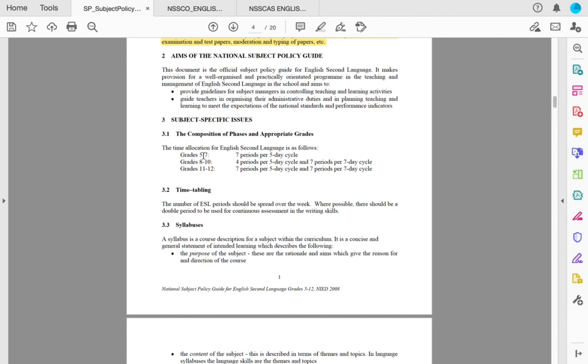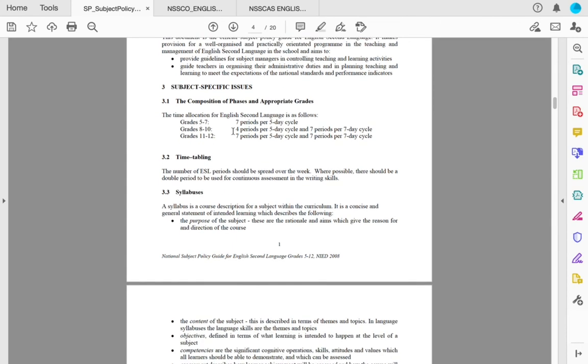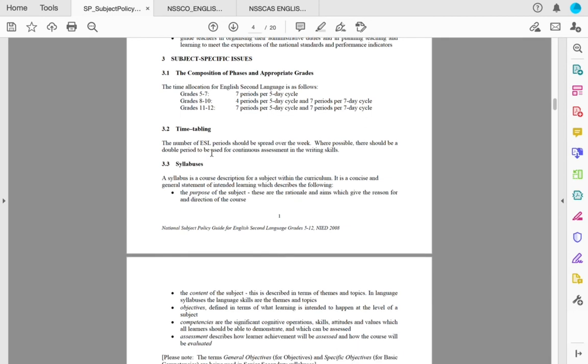Because I remember that certain secondary schools, if I'm not mistaken, have taken away grade 9 and put it to the upper primary for some reason, and it has caused some confusion. So here there are some changes, but I think the periods and cycles are still the same.